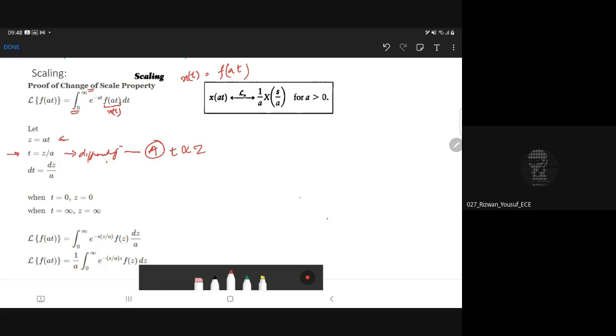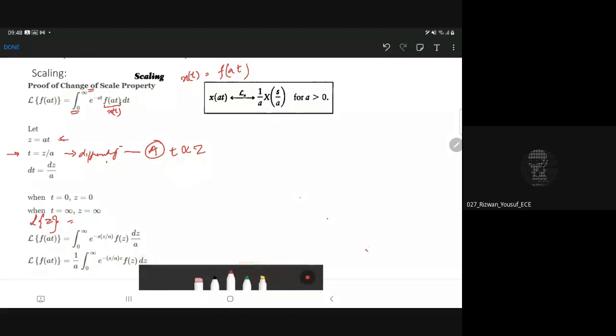Now the Laplace transform of f of at, which is basically the Laplace transform in z, will be equal to the integral from 0 to infinity of e raised to the power minus s, instead of t you use the expression z by a, then f of z, dz by a.